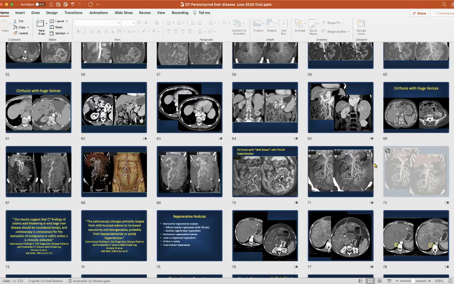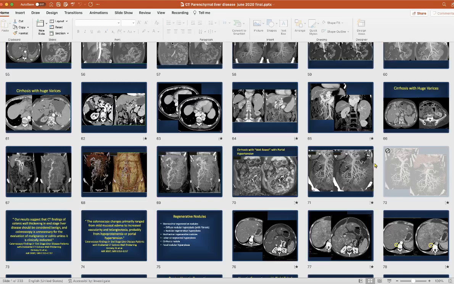Now, when you have cirrhotic liver, there are a number of challenges. I mentioned one before, the possibility of overcalling or undercalling hepatoma. One of the things with cirrhotic livers, you can see regenerating nodules. You can see regenerating nodules in a number of things. Budd-Chiari might be one of the most common, but the issue with regenerating nodules is they're multiple.